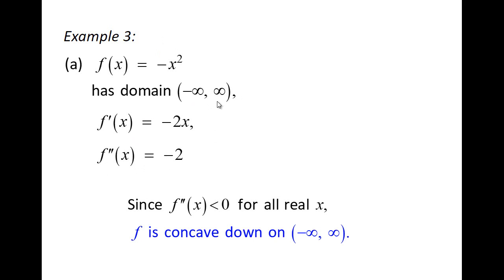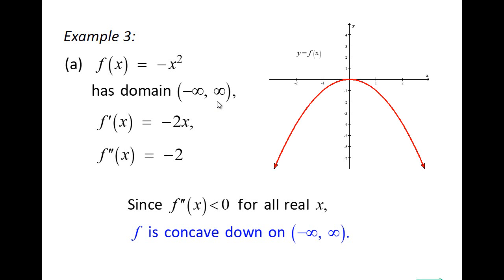Since f double prime of x is negative for all x, f is concave down on the interval from negative infinity to infinity, and the graph of this function looks like this. We know this is a parabola that opens downward. Notice that at any point on the curve, the tangent line lies above the curve.